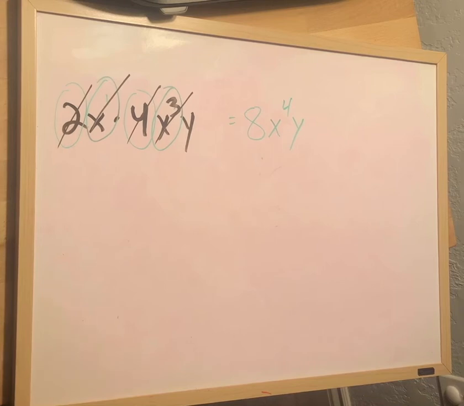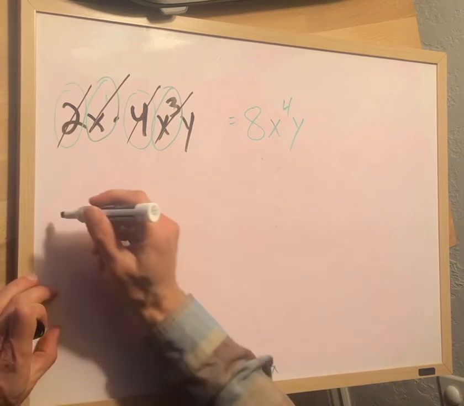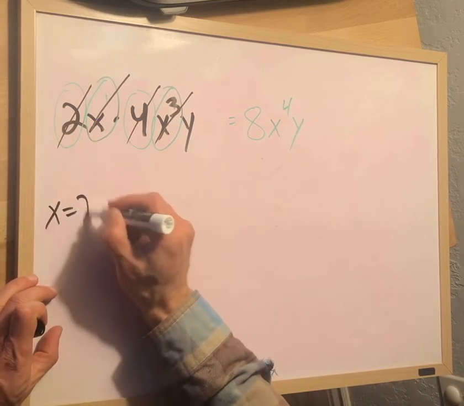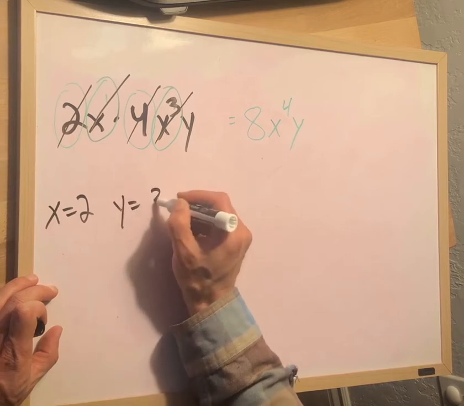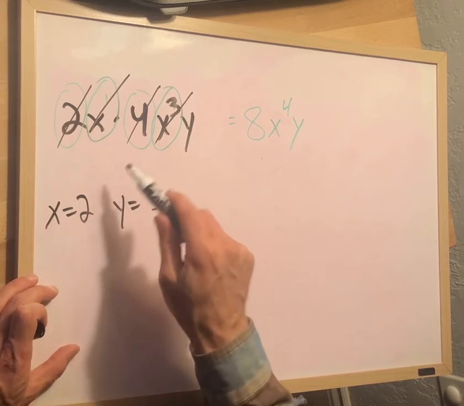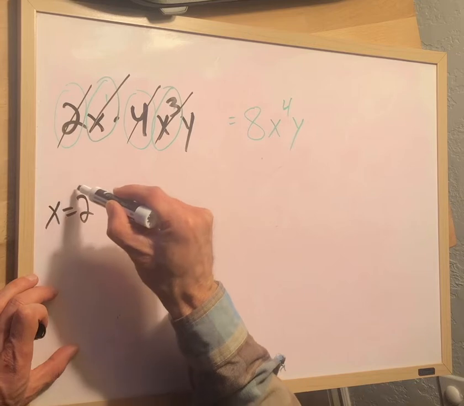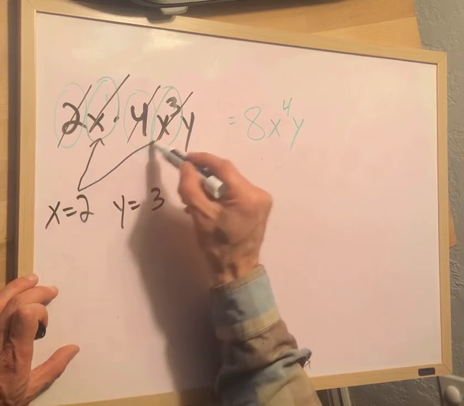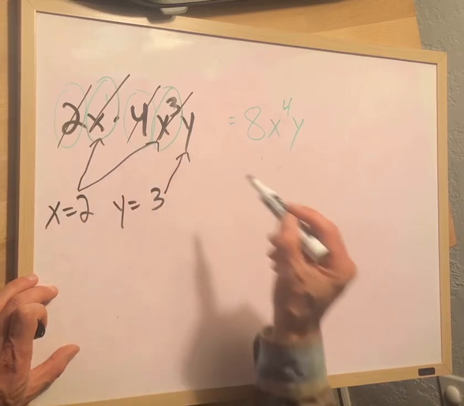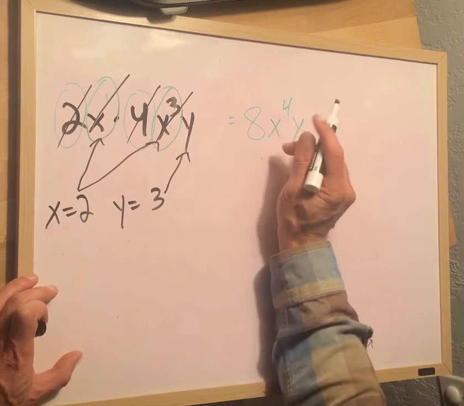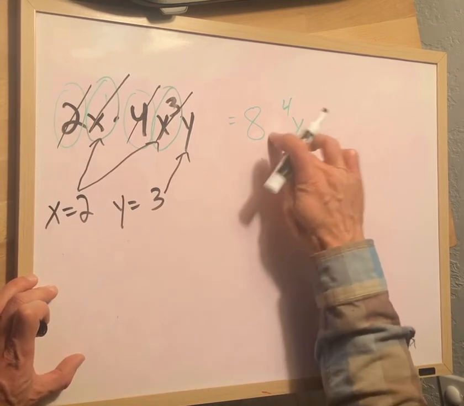Let me show you conceptually what the heck is going on here. Let's say we had x equals 2 and y equals 3. You're going to see if I plug a 2 into this x and a 3 into y, it's the same thing as this simplified answer.